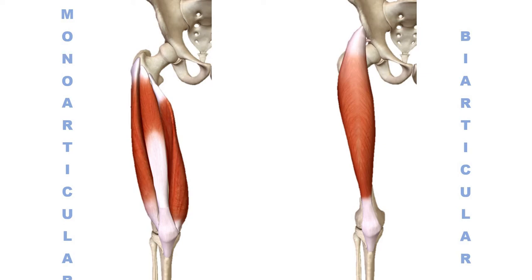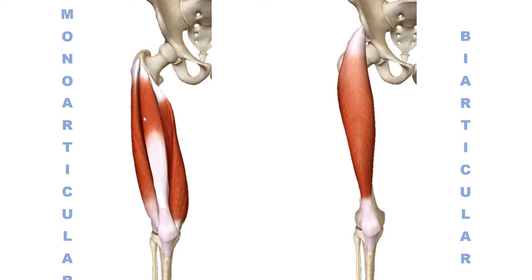So again, sticking with the quadriceps here, sticking with the traditional 4, but there's really 6, don't tell anyone. On the left-hand side here, we have the muscle group collectively known as the vasti: the vastus lateralis, the vastus intermedius, and the vastus medialis.